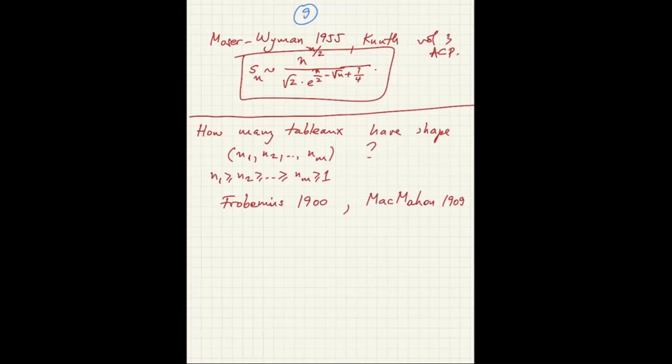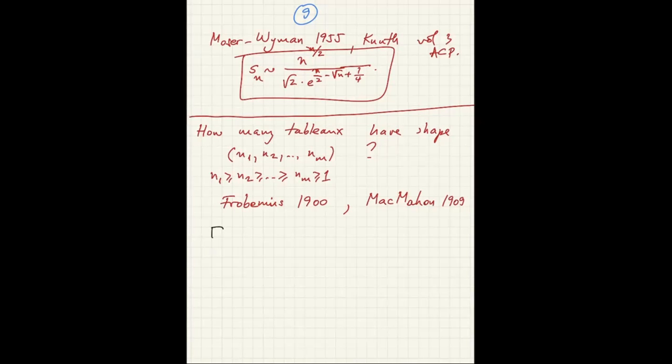These Young tableaus I didn't mention before, but they're closely related to group representations of the symmetric group. So they play a key role in this area. This study of Young tableaus is quite important in algebra and combinatorics. Now, how would you count? Coming back to this problem, let's say I give you a shape.